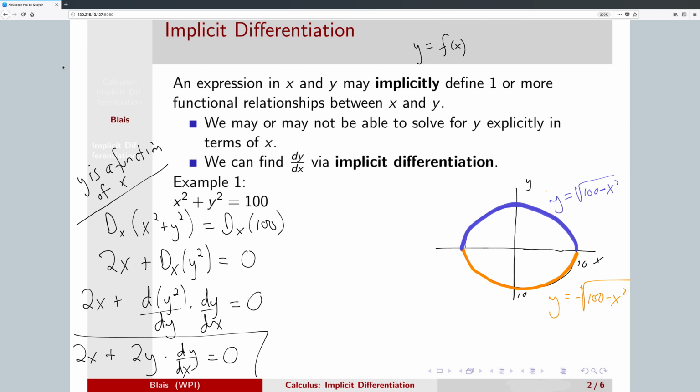And now, with this expression, notice that we can algebraically solve for dy dx. So this tells us 2y dy dx equals minus 2x, and divide both sides by 2y, and we get dy dx is minus x over y.